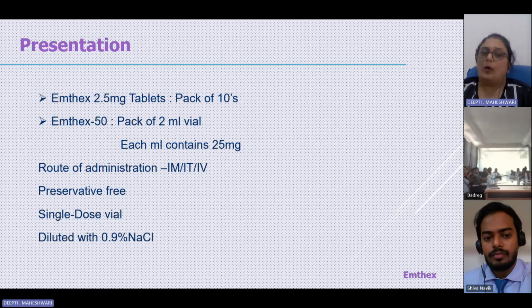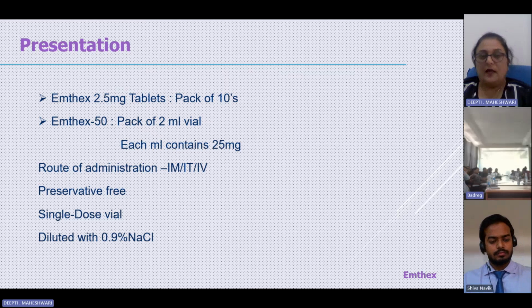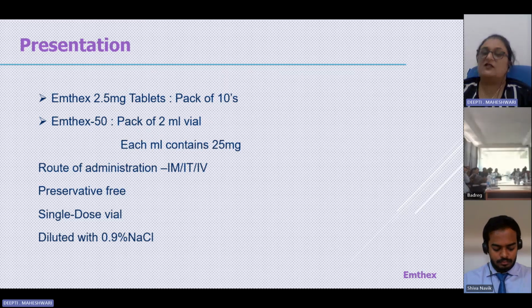Therefore, in one vial, the actual dose is 50 mg in 2 ml, which is nothing but 25 mg per ml.